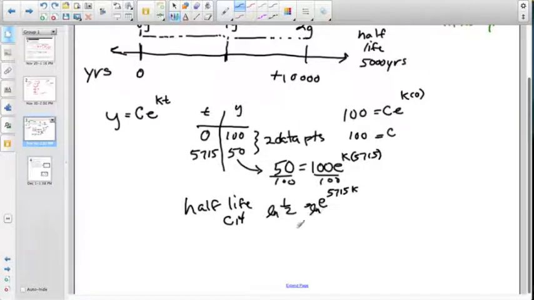So I'll squeeze a natural log in there. So we have the natural log of a half, and that equals 5715k. And if we divide each side by 5715, we can get a value for the decay constant of negative 1.2 times 10 to the minus fourth.